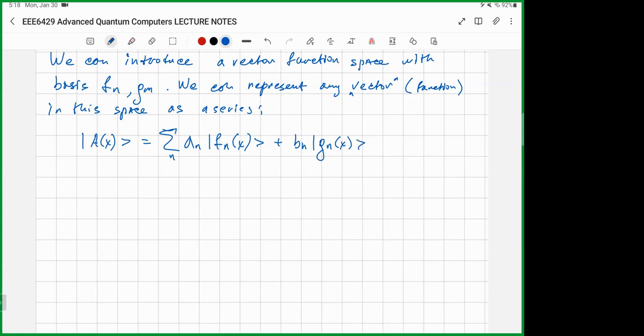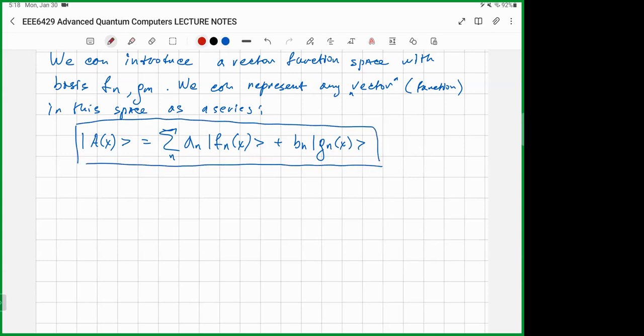Now you can guess that this is actually nothing but the Fourier transform. So this is the formula for the Fourier transformation.